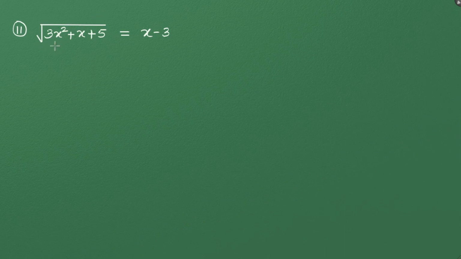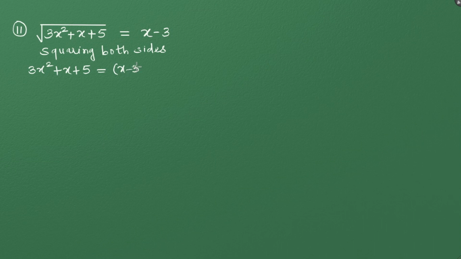Now we have square root of 3x square plus x plus 5 equals x minus 3. This is to be solved in a similar way as we have done the previous one. So squaring both the sides, we will get 3x square plus x plus 5 equals x minus 3 the whole square.